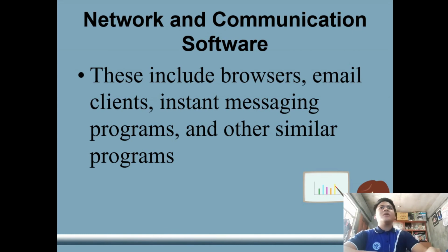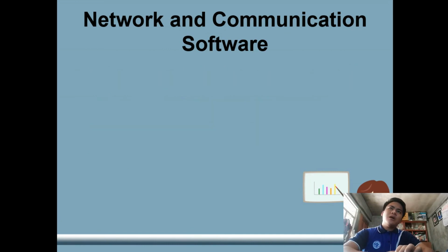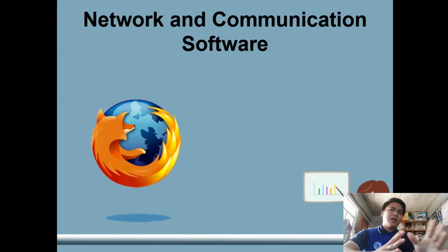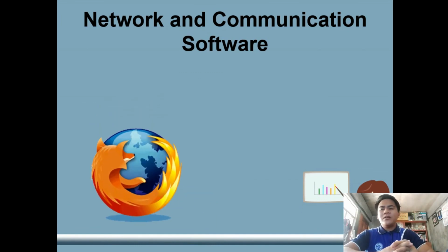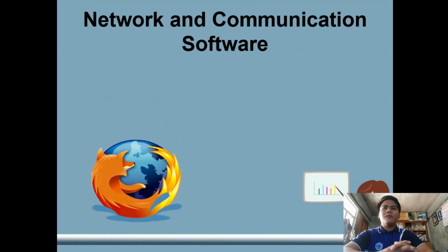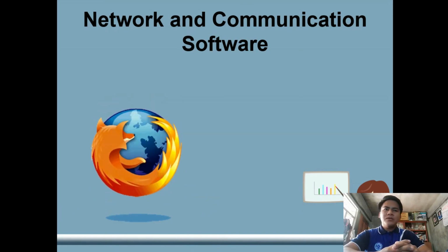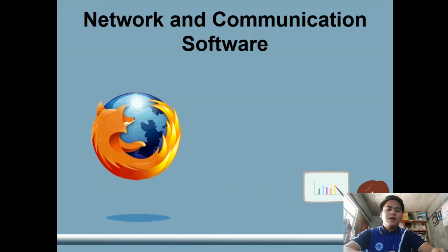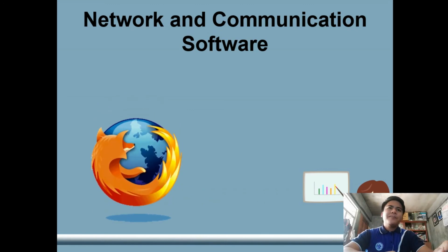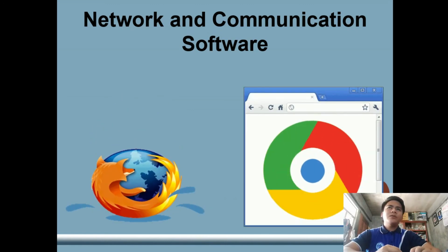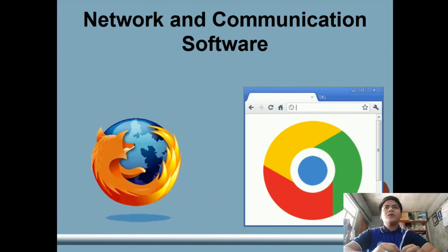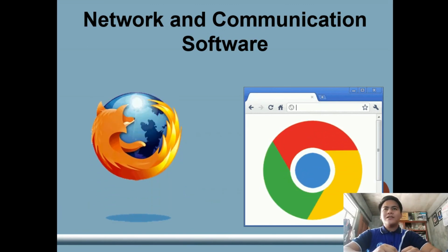Even Facebook is also network and communication software. Example of browsers will be Mozilla Firefox and Google Chrome. We are using those in order for us to communicate with each other.